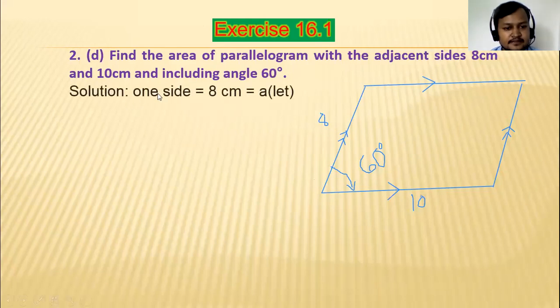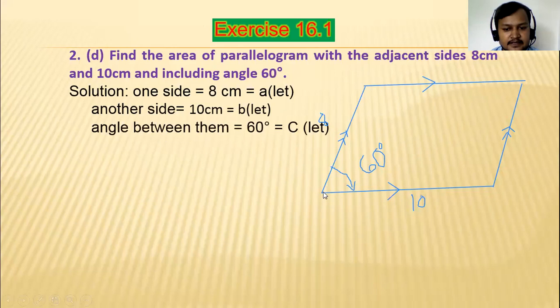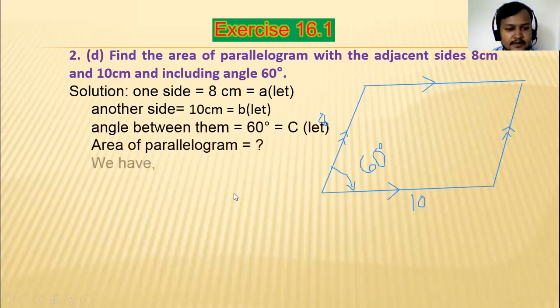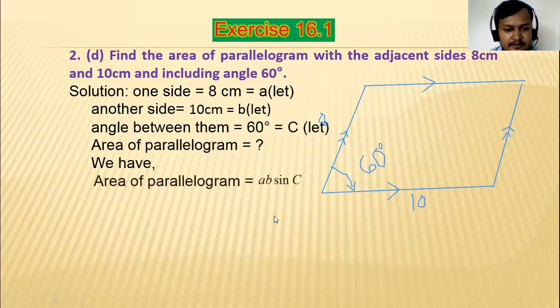So here, given things: one side 8 centimeter, let it be A, and another side 10 centimeter, let it be B, and the angle is given, let it be angle C. We have to find out the area of parallelogram, and we have the formula. Area of parallelogram is AB sine C, that is 8 into 10 into sine 60.